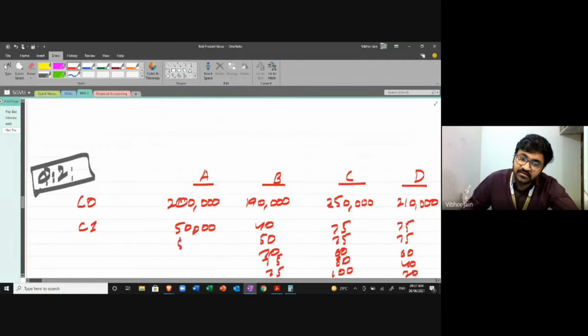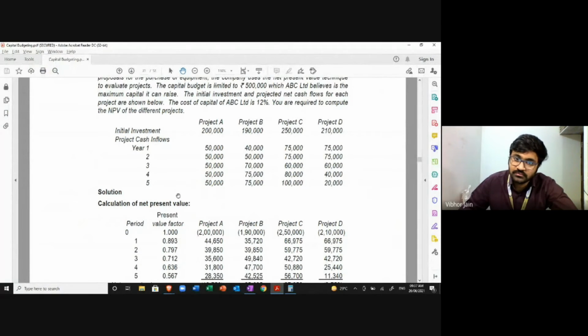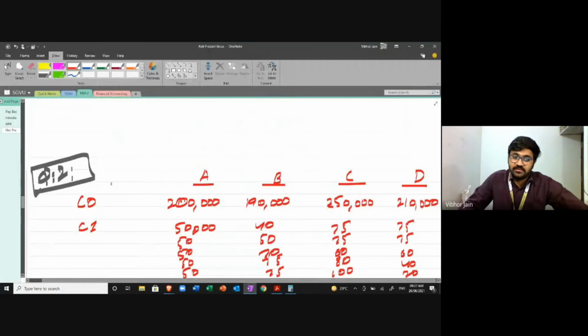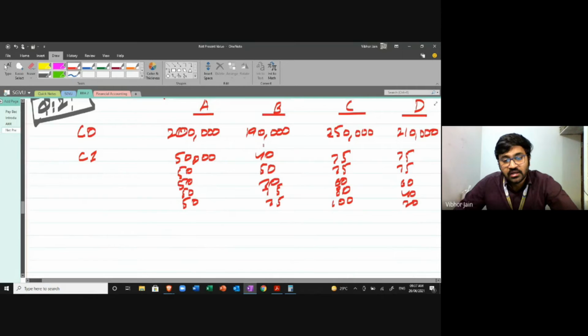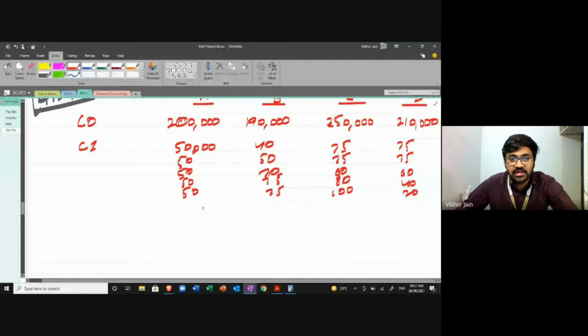Okay, this is my projected cash inflow over 5 years. The cost of capital that is given to us in the question is equal to 12%. So I have to calculate the NPV of all the projects.